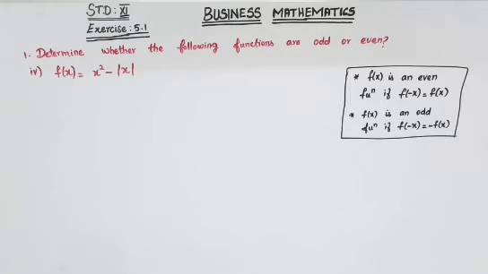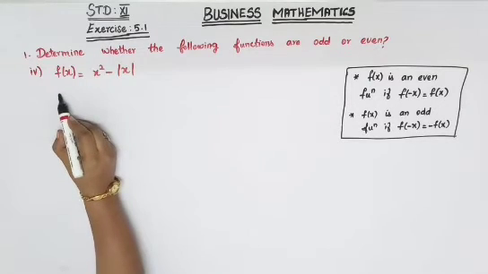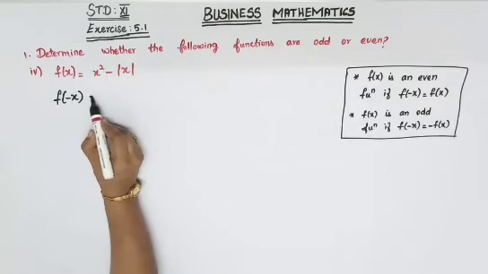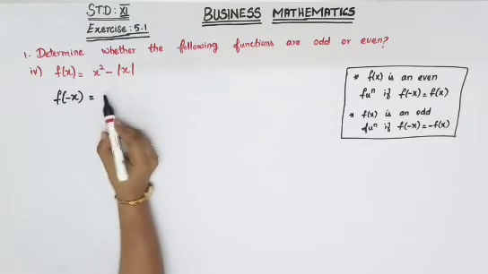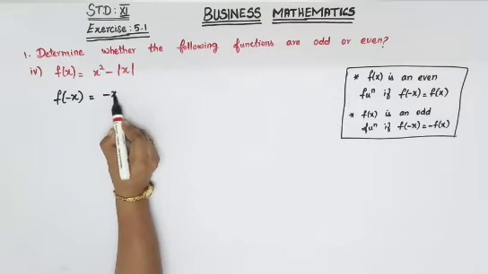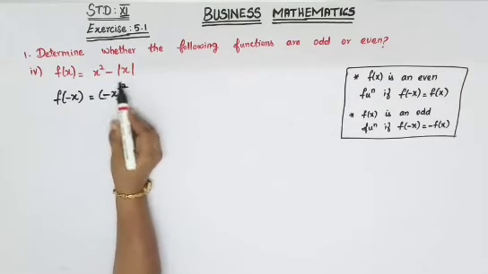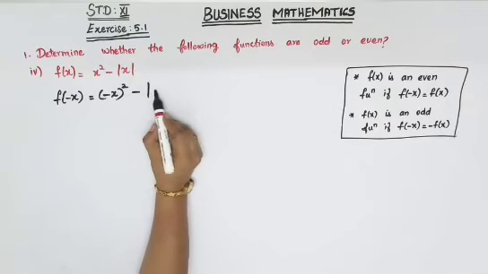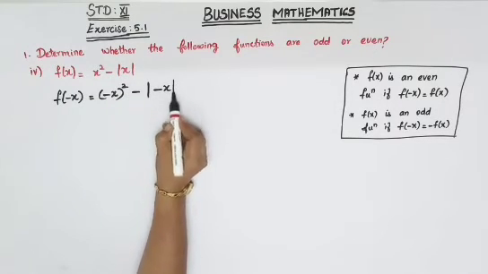First question, fourth subdivision, f of x is equal to x square minus modulus of x. Now you will have to replace your x with minus x. So f of minus x is equal to, wherever x is there, just give minus x. So minus x the whole square, this minus is there as it is, and modulus of x means we give minus x with modulus.